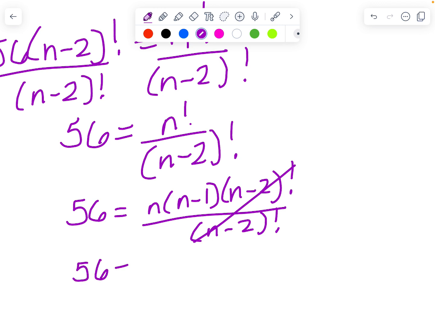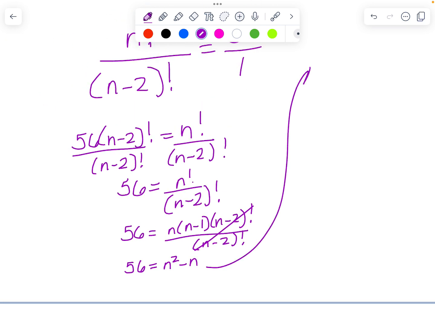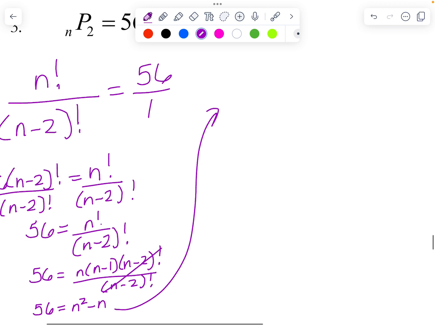So I have 56 equals basically n squared minus n. So then I have n squared minus n minus 56 equals 0.